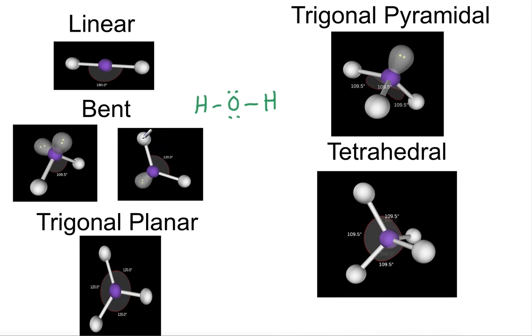The molecular geometry only includes the bonding pairs, but the electron geometry includes all of the pairs of electrons. So this molecule has tetrahedral electron geometry, but its molecular geometry is going to be bent.